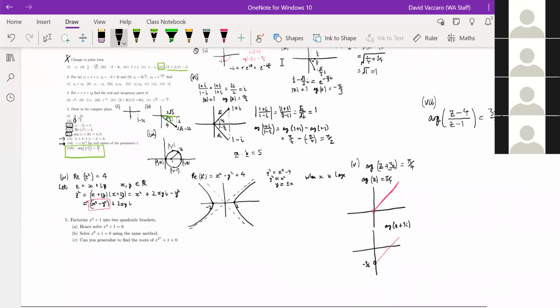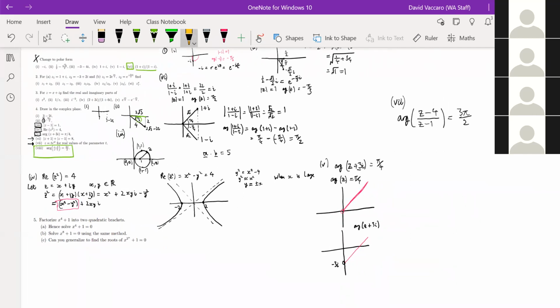Well, what proved so successful in part IV in terms of doing things algebraically was to rewrite z in terms of its real and imaginary parts. So let us write z equals x plus iy. So our fraction becomes x minus 4 plus iy over x minus 1 plus iy.